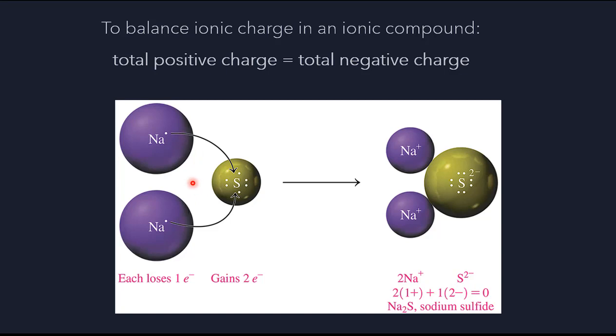However, sodium, again, is a group 1A metal, so it's going to be sodium 1+. So in order to balance out the 2- charge on sulfide, we need 2 sodium ions with their 1+ charges. So 2 times 1+ plus 1 times 2- gives us 0. So 2 sodiums and 1 sulfur.